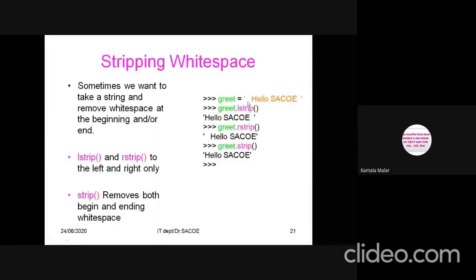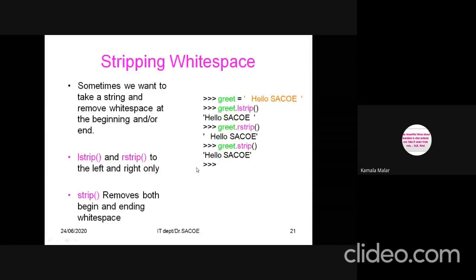If I want to remove the right side space, I use rstrip. The right side space will be removed, but the left side space will remain. If you want to remove the white space on both the left and right side of the string, I will go for the method strip. It will automatically remove the white space at the beginning and end of the string.